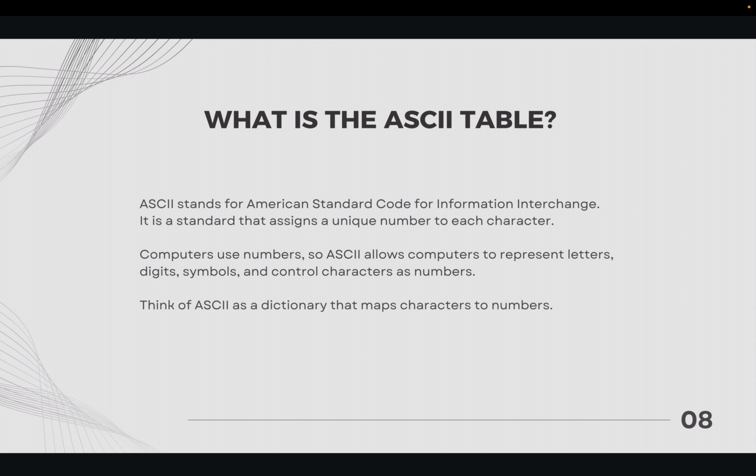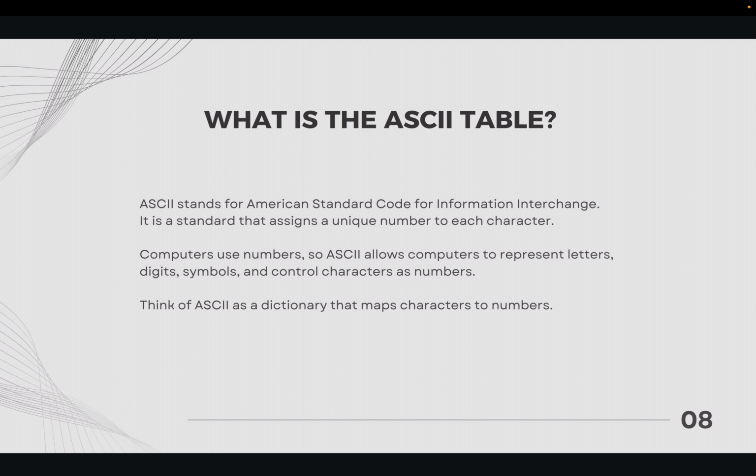ASCII stands for American Standard Code for Information Interchange. It is a standard that assigns a unique number to each character. Computers use numbers, so ASCII allows computers to represent letters, digits, symbols, and control characters as numbers. Think of ASCII as a dictionary that maps characters to numbers.